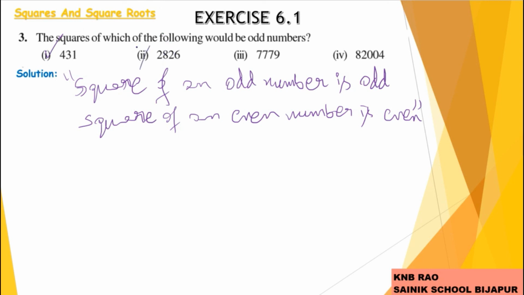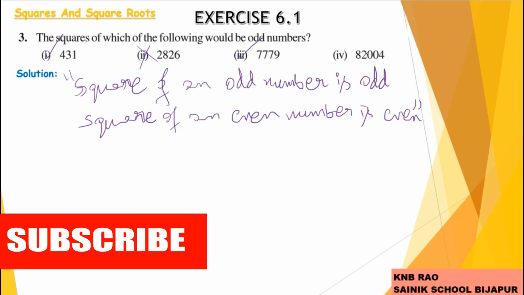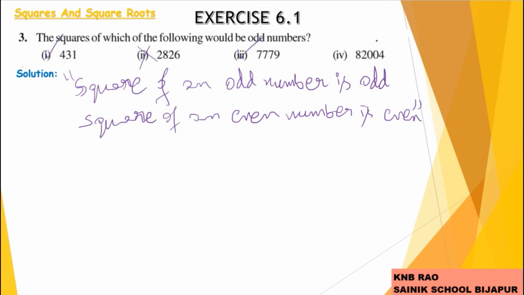So definitely it is not giving us its square as odd. 7779 is an odd number, its square will certainly give us an odd number. Next, 82,004 is an even number. Since it is an even number, its square also will be an even number. So definitely its square will not be an odd number. You can reason out like this.